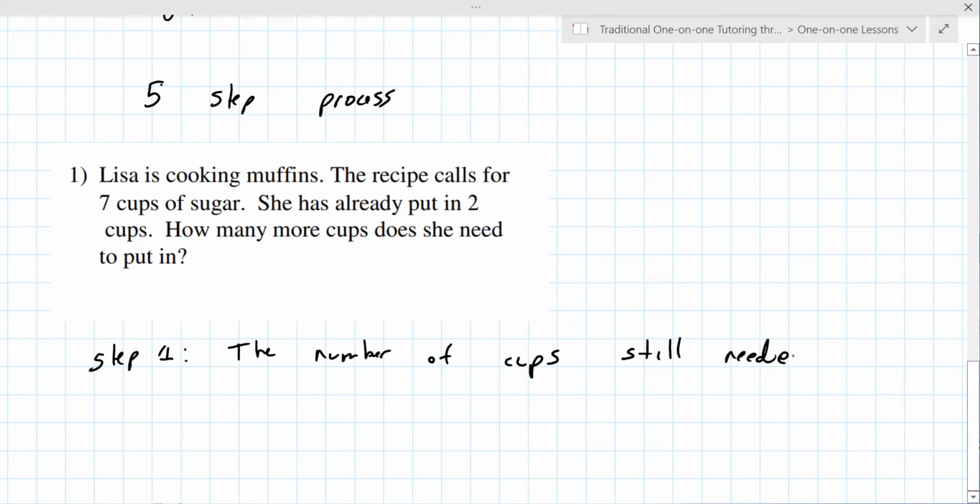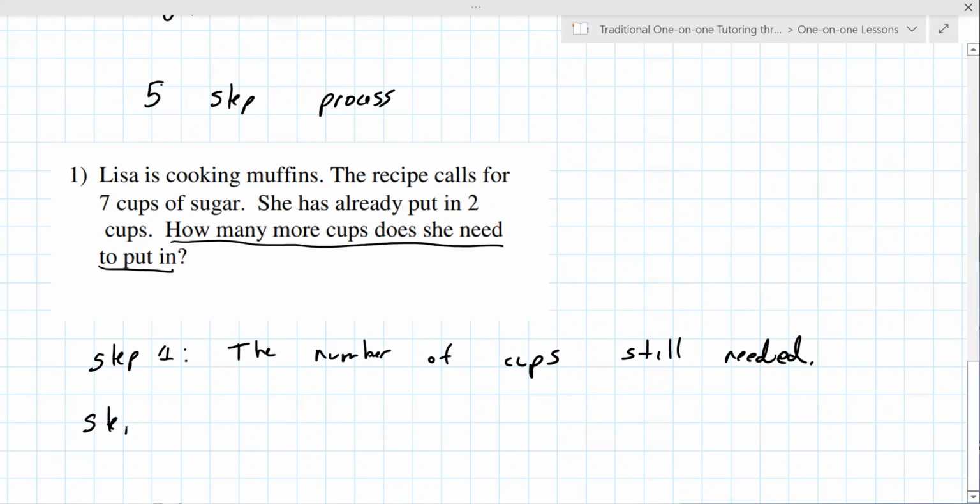For you as a person learning math, you don't want to just give a person back the thing they gave you. You want to show some awareness of what it is. Lisa's put some in, but she needs to put a few more in.